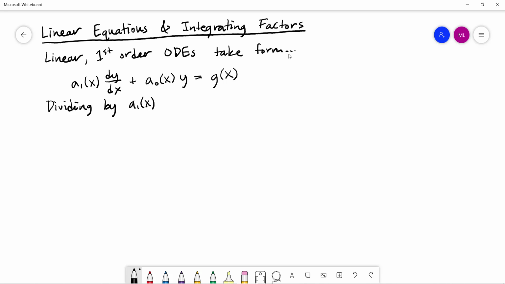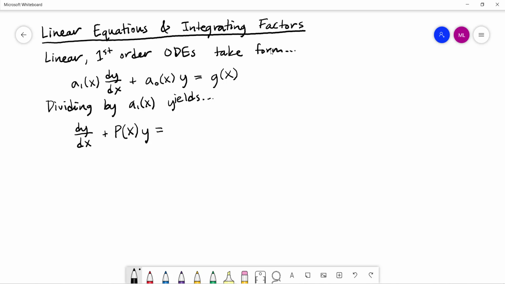So dividing by this a1 of x term is going to yield the following. The nice thing is that our leading coefficient becomes 1. We don't have this term up in front of everything. And this term, I'm going to call p of x times y.